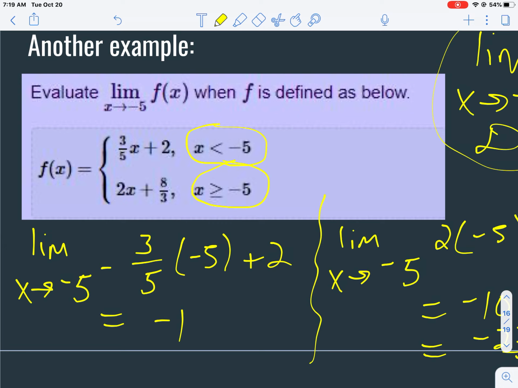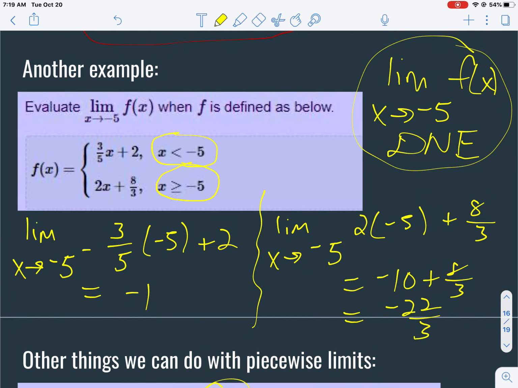So whenever that happens, when the functions are different from the left and to the right, then you're going to have to evaluate the limits from the left and the right. If the limits are the same, then you just write the number. That's the limit. If the limits are different from the left and right, then the limit doesn't exist, okay?